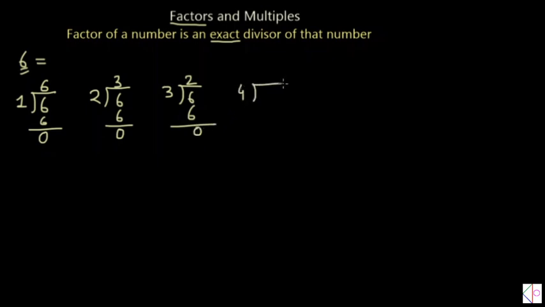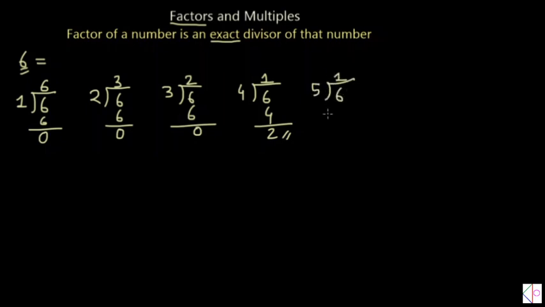But in case of 4, if we divide 6 by 4, giving 1 time, it becomes 4, so 2 remains. If we give 2 times, it becomes 8, which is not possible. So 1 time, and the remainder is 2. We have got a remainder, that is 2, not 0.